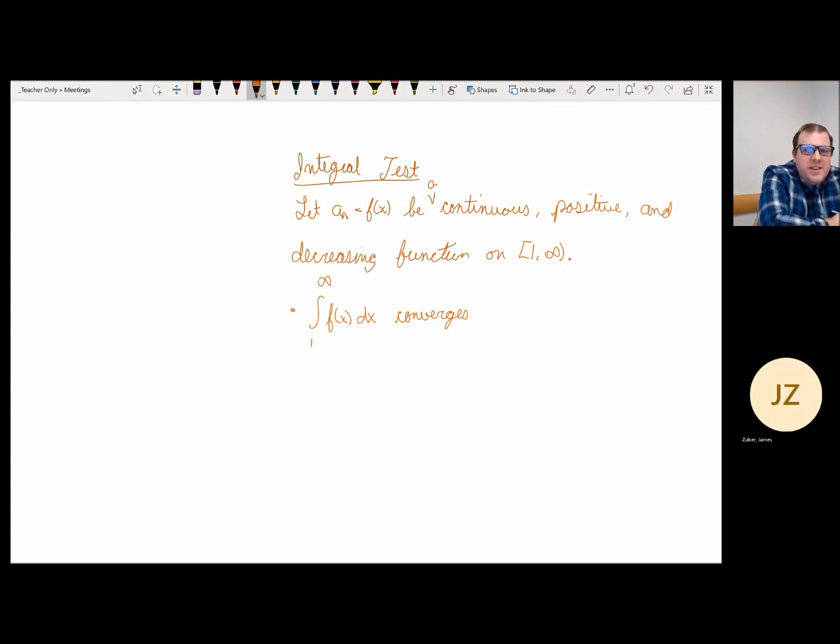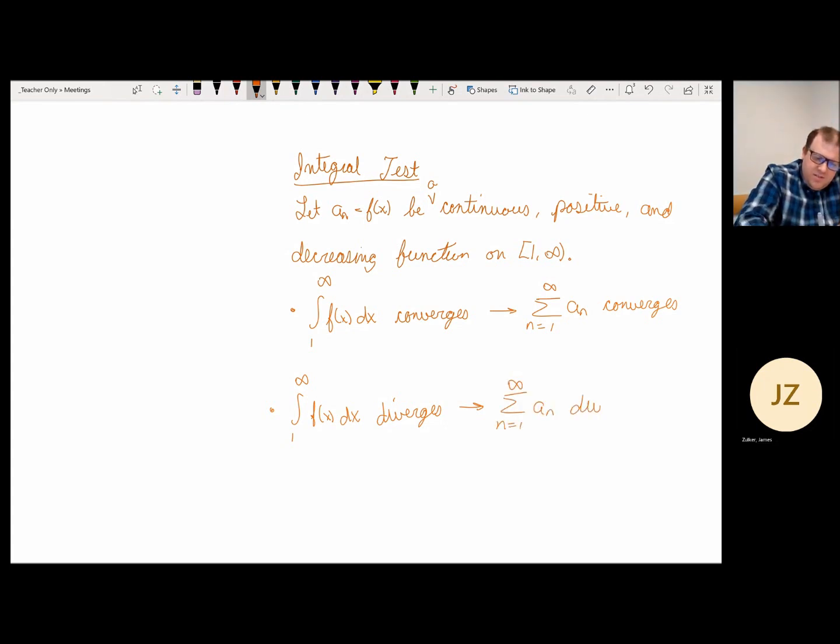If the integral from 1 to infinity of f of x converges, then so does the series. If the integral diverges, then so does the series.